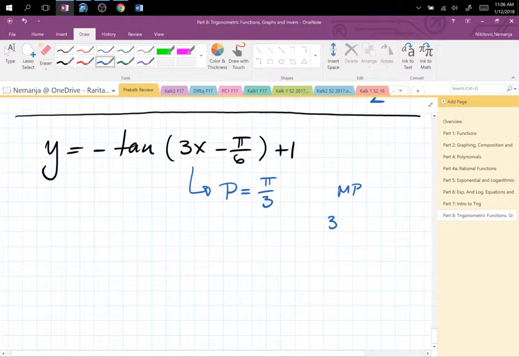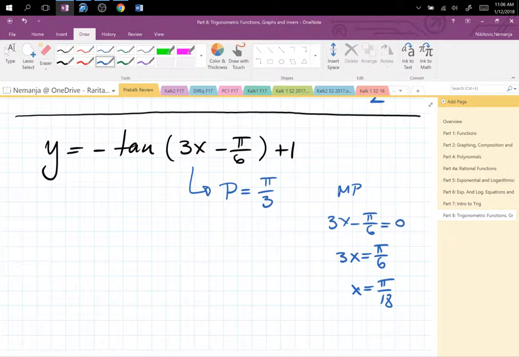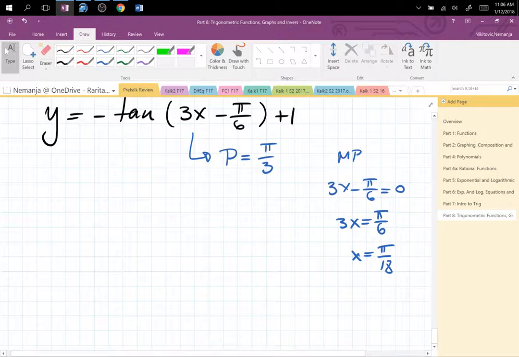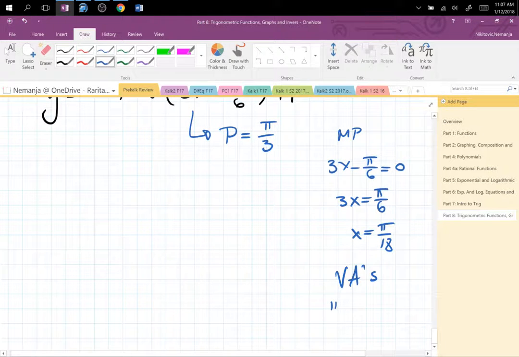So the midpoint is 3x minus pi over 6 equal to 0. 3x is pi over 6, and x is equal to pi over 18. And the asymptotes, the vertical asymptotes, are going to be pi over 18 plus or minus pi over 6, because pi over 3 divided by 2, period divided by 2, is pi over 6.